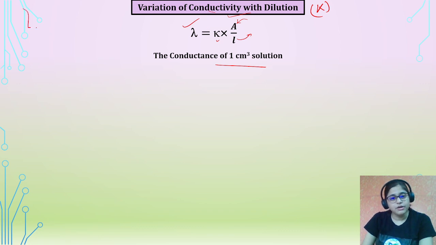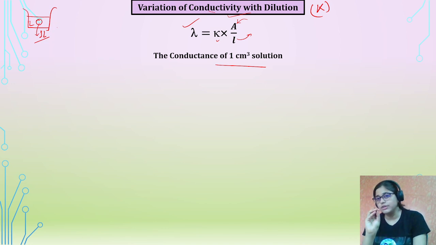So if we have taken, let's say, a liter of solution and many ions are there, we will not talk about how many ions are in the solution in total. Conductivity will be the conductance showing by the ions in the 1 cubic centimeter part, how many ions are there and what value of conductance they are showing. That will be the value of kappa.